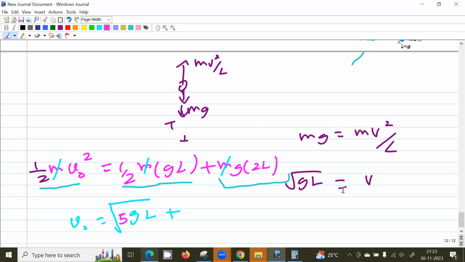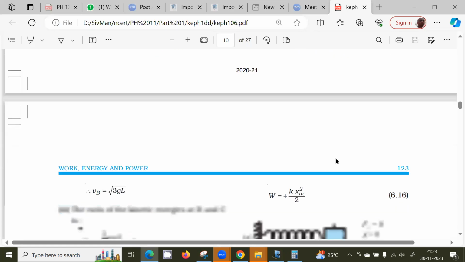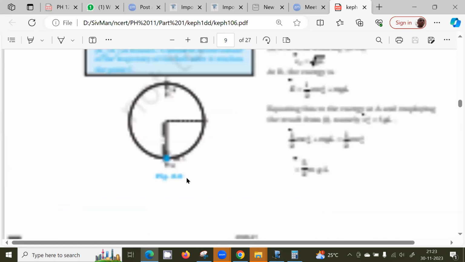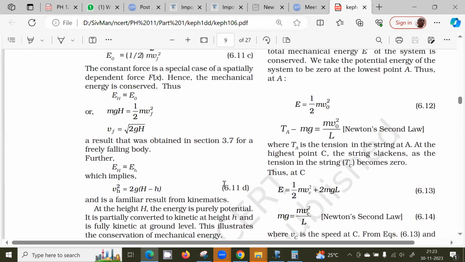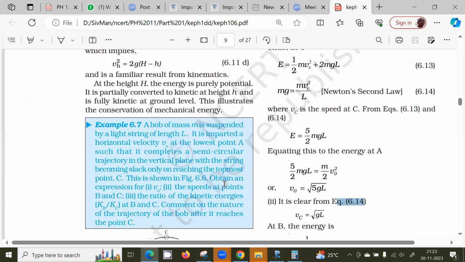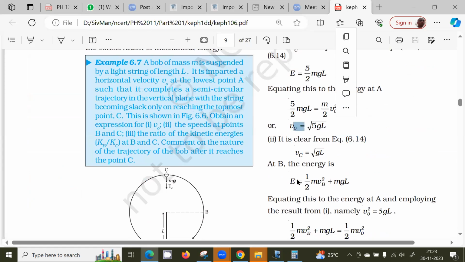Okay. Now here, V0 is root 5 GL. Okay. After that, what they asked.